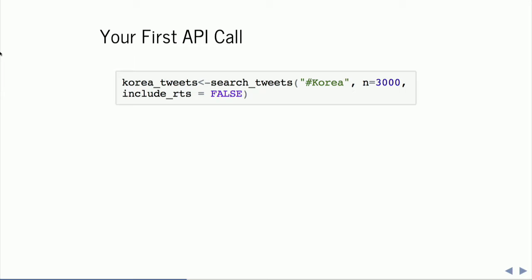By default, we're going to get a mixture of both popular and recent tweets. We can set those as additional parameters if we only want, say, recent tweets or popular tweets. And when we run this, we'll get 3,000 tweets about Korea. You may be wondering, where are those 3,000 tweets coming from, right? We are not able to search all of Twitter.